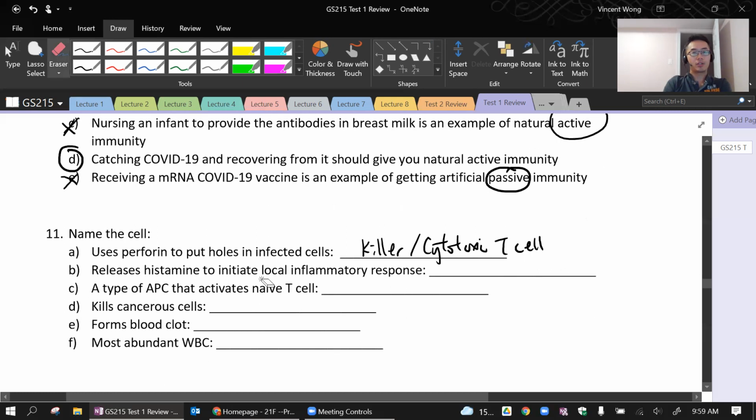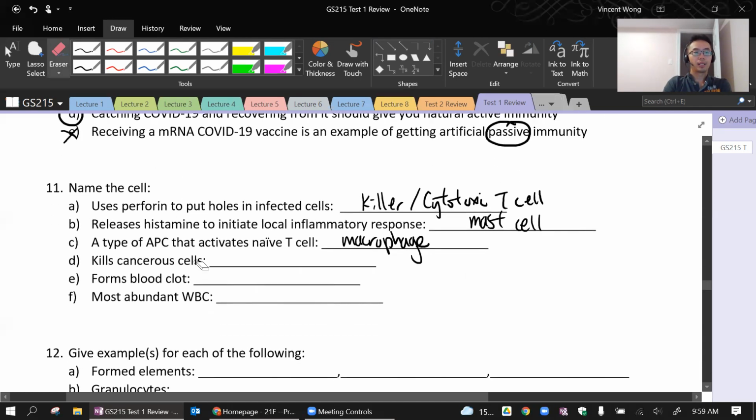Releases histamine to initiate local inflammatory response. That is mast cell. A type of APC that activates naive T cell. Macrophage. Kills cancerous cells, NK cells.